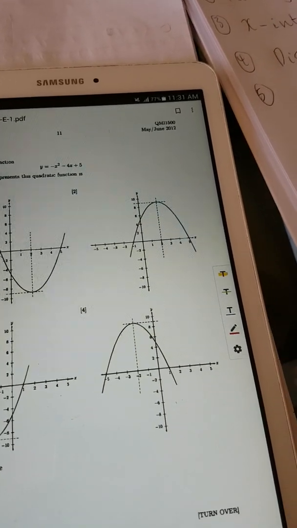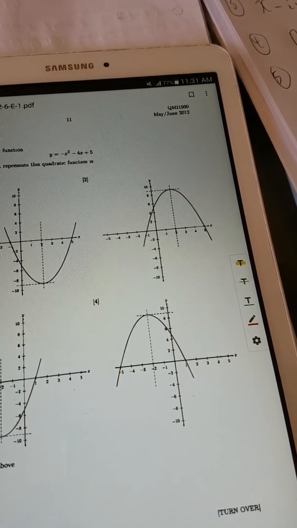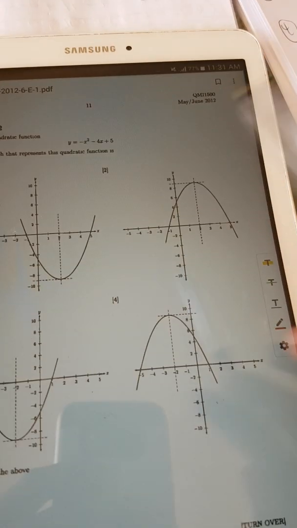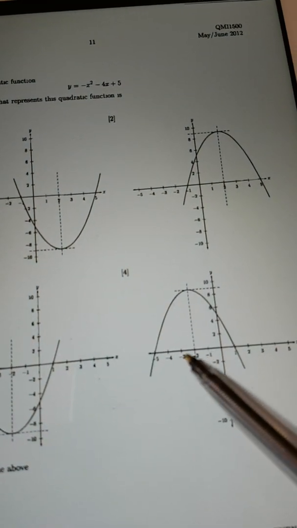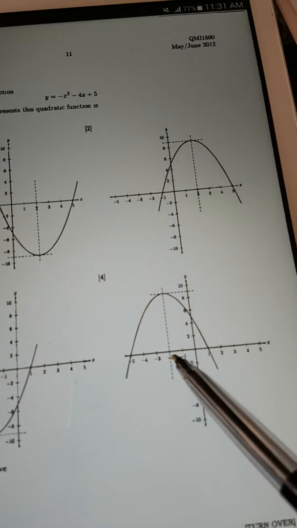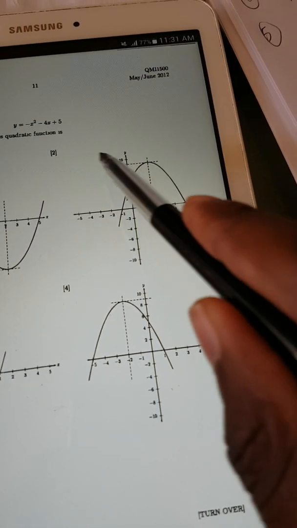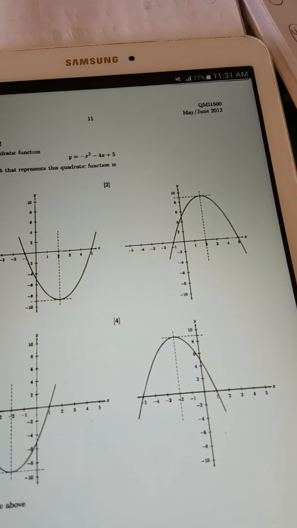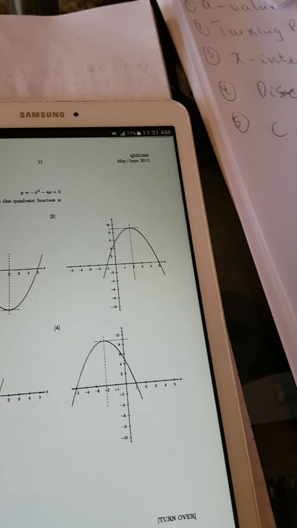Now let's talk about the turning point, where our graph should turn. Is it that our graph will turn at negative 2 along the x-axis, or at positive 2 along the x-axis? We need to calculate that. I'm going to take a new sheet here and write.